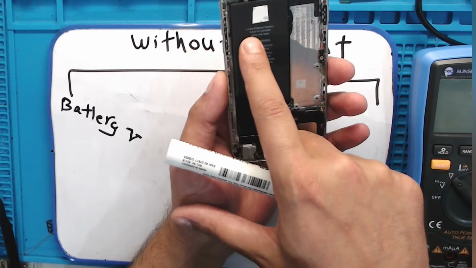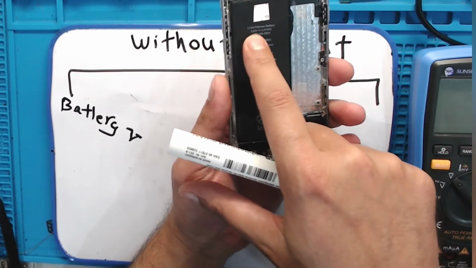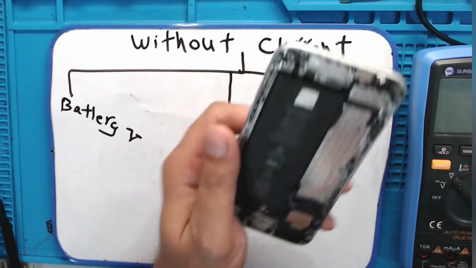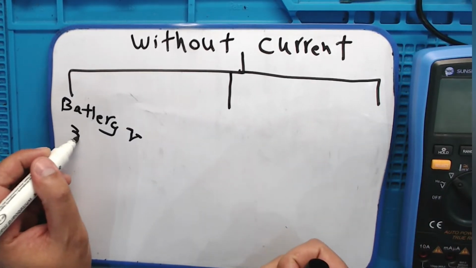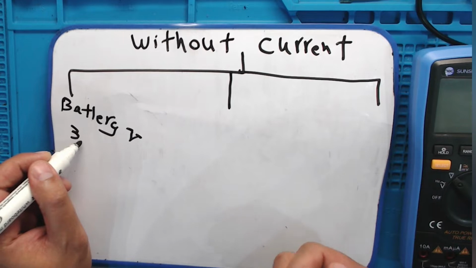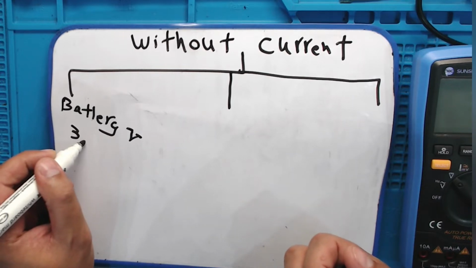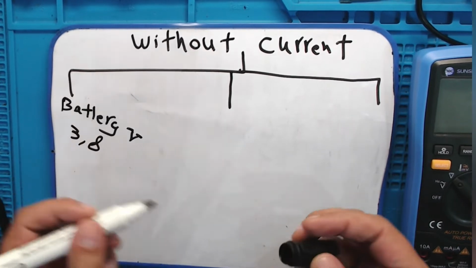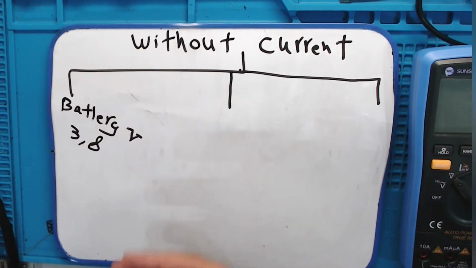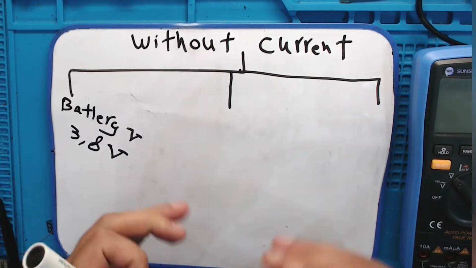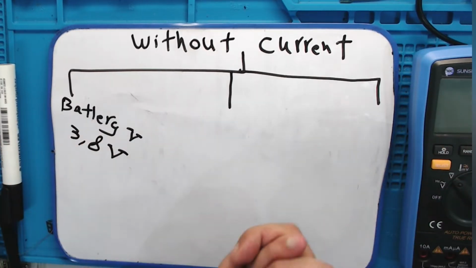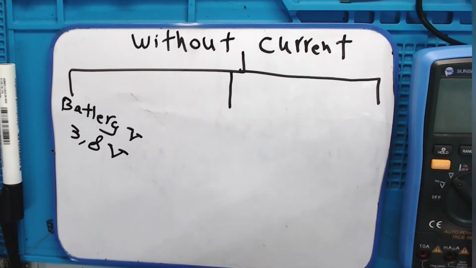For example, the iPhone 6 shows 3.82 volts. The phone needs to show about 3.8, okay. If it's a little bit less than 3.8 volts, it starts charging, but it takes time to turn on.